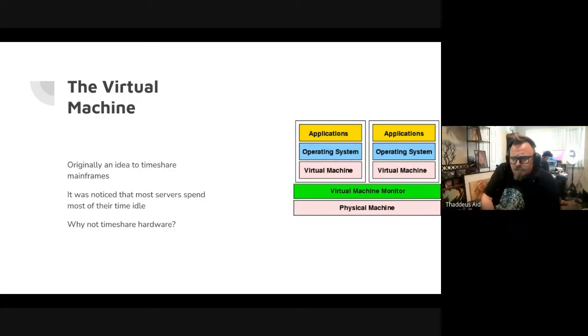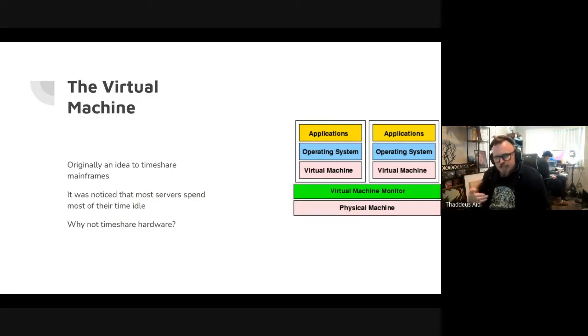So the virtual machine actually was originally an idea for the mainframes. Time sharing the system between different tasks, which was necessary at the time. But coming forward into the realm of the server-client architecture, a lot of servers have a very specific role in what they do.